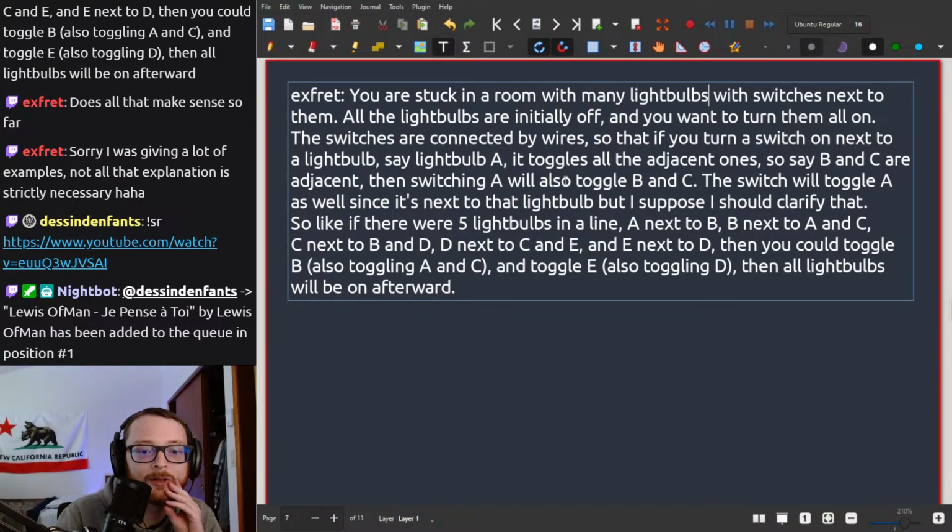Switch A will toggle B and C. There were 5 light bulbs in a line in alphabetical order. You could toggle B, also toggling A and C, and toggle E. Okay, yes, this makes sense.